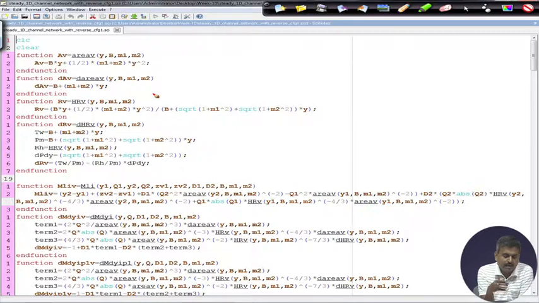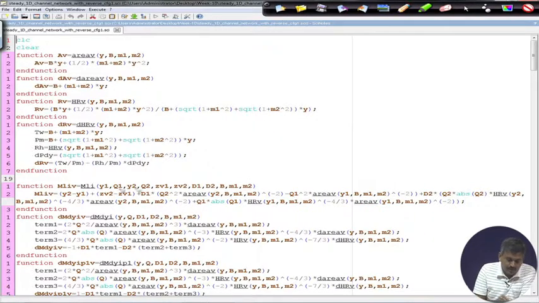We will be utilizing m1 equals 0, m2 equals 0 for our problem, but still we can use these subroutines or functions for our problem.